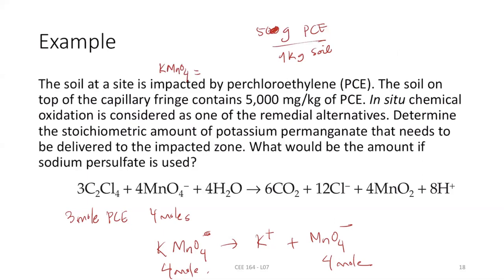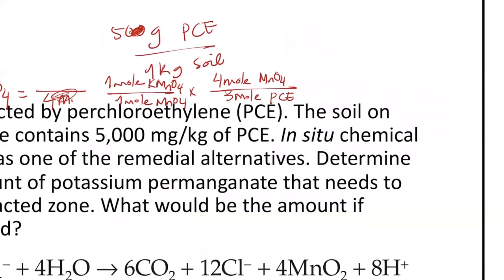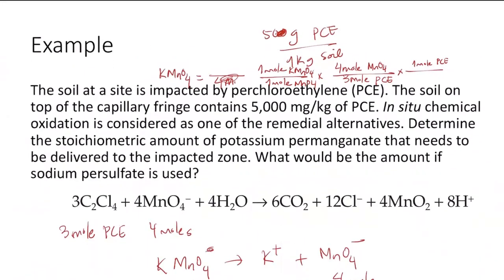let's say 1 mole of KMnO4 is the same as 1 mole of MnO4, and then you know that 4 moles of MnO4 is the same as 3 moles of PCE, and then 1 mole of PCE, what's the molecular weight?